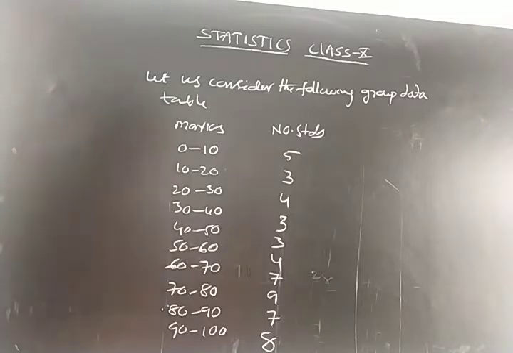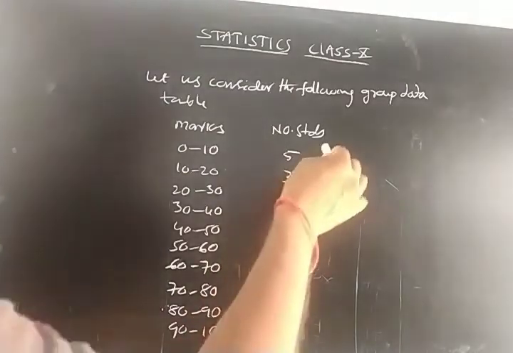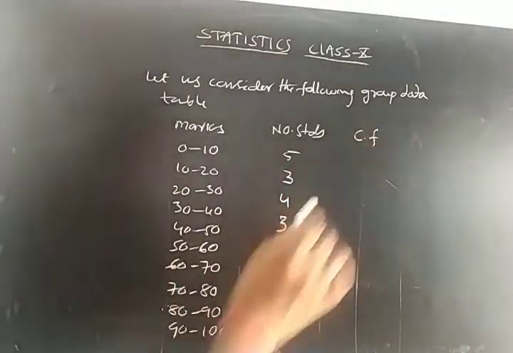To find the median of grouped data, we have to find the cumulative frequency. How to find cumulative frequency here?